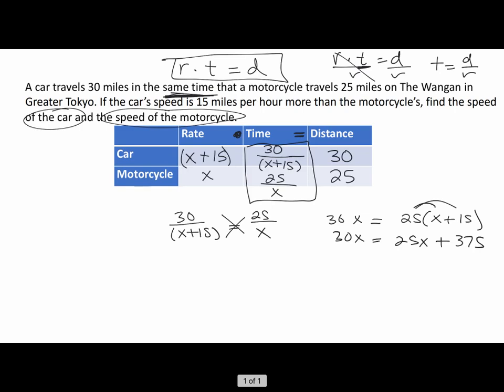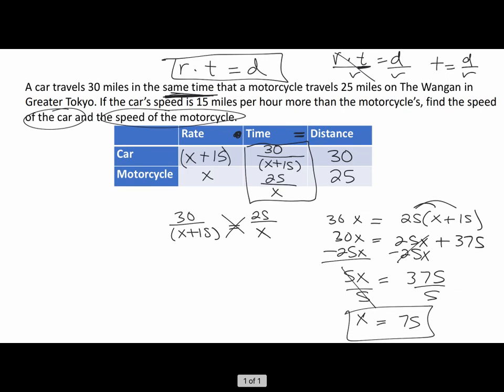The variable's exponent is just 1, so I want those variable terms to be on the same side. I'm going to subtract 25x from both sides of the equal sign. Then we'll have just 5x on the left equals 375. And we only need the multiplication property here to divide 5 from both sides of the equal sign. And we will find that x equals 75.